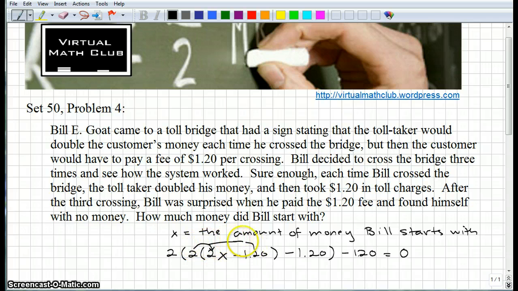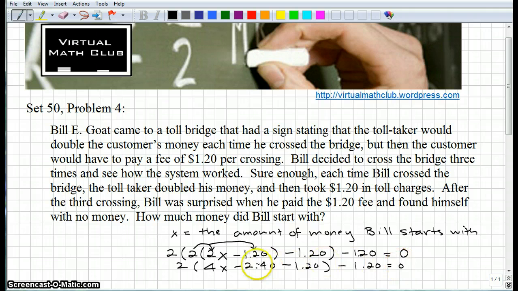Alright. And so then we get 4x minus 2.40. Okay. And that's still minus 1.20. And the whole thing is multiplied by 2. And less $1.20.